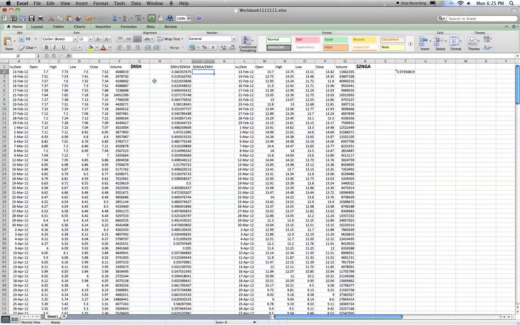And do the same thing for ZNGA, so ZNGA divided by Radio Shack. It's going to give you a fraction, a decimal, and then double click it.